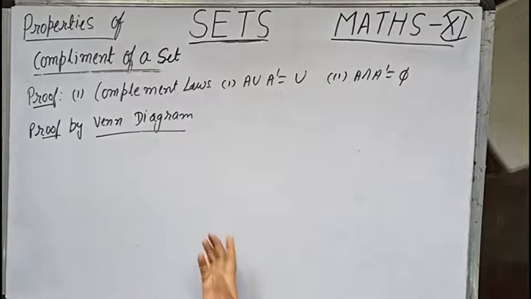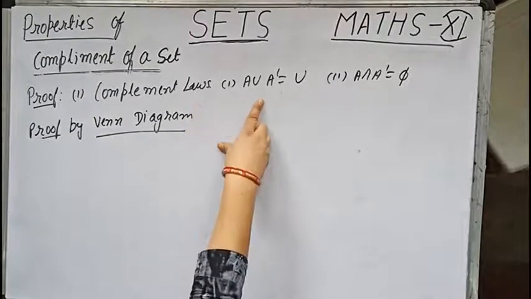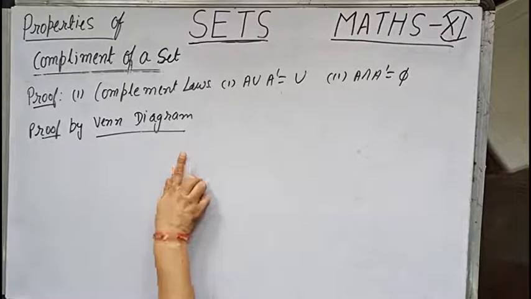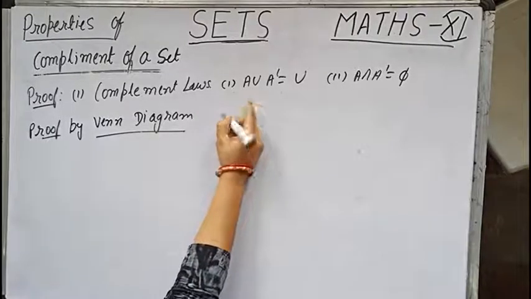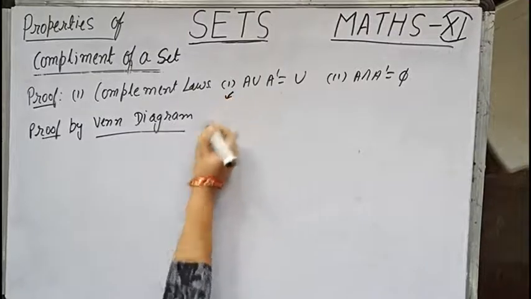Now let us understand the proof of the same law, that is the complement law of the union, with the help of the Venn diagram. Let us draw the Venn diagram over here. This number 1 we will be proving.